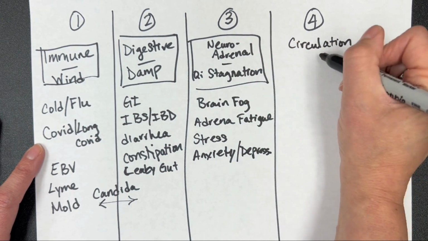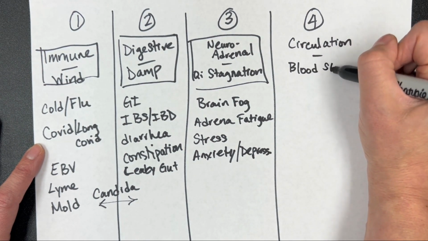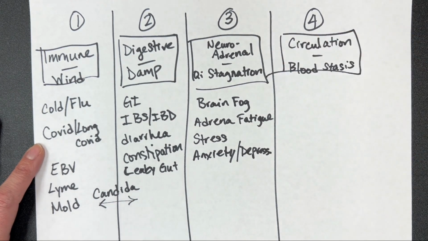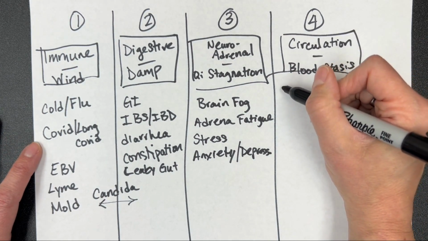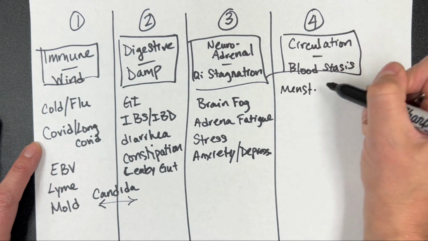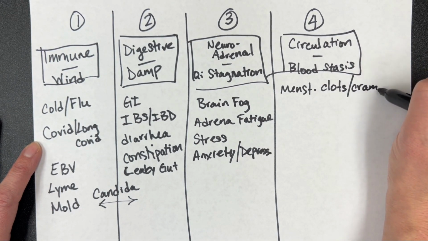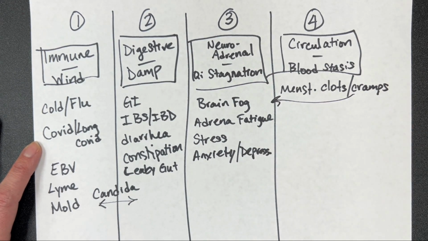And then finally over here we have circulation in stage 4. And I might call that blood stasis in Chinese medicine. So the blood isn't flowing very well. And when we have blood stasis, it's getting stuck. We could see like menstrual clotting, as well as maybe cramps, which the cramps could span over to stage 3 as well.